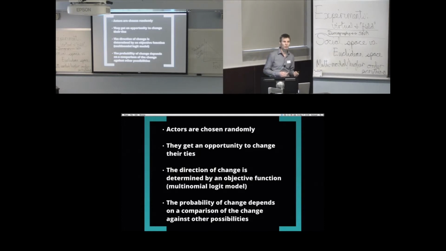So it's, again, like a logistic regression. And what we ask as the response variable is, will I be connected to Dave in the next time step? And the predictors are the parameters we enter into the model. So it's very similar to what Andrew showed. And the probability of change depends on a comparison of the change against other possibilities.